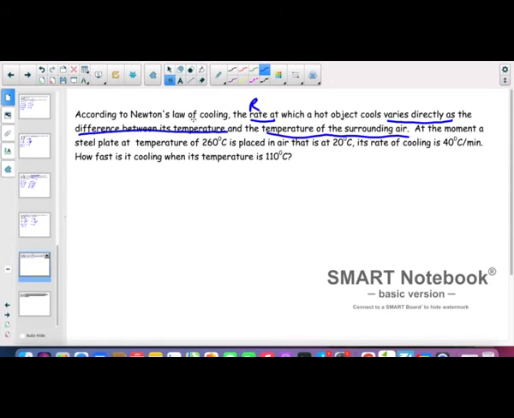So I'm going to say that's T for temperature, and I'll say A is the temperature of the surrounding air. So Newton's law of cooling says that the rate, R, varies directly, so that would be K times the difference between the temperature and the air surrounding the object.